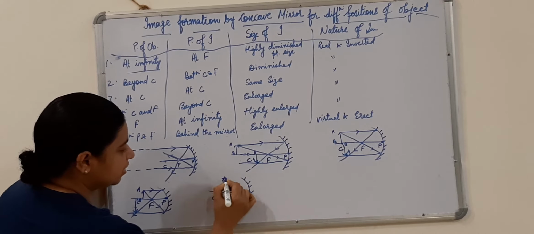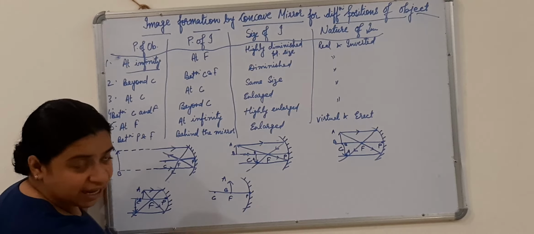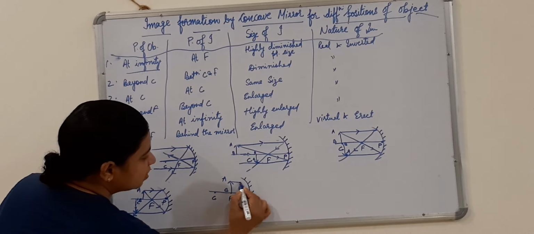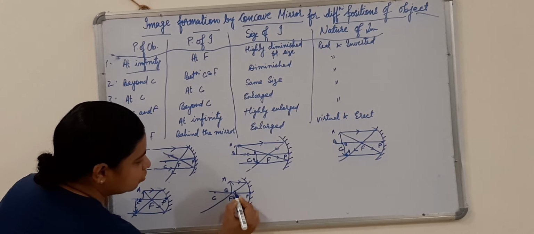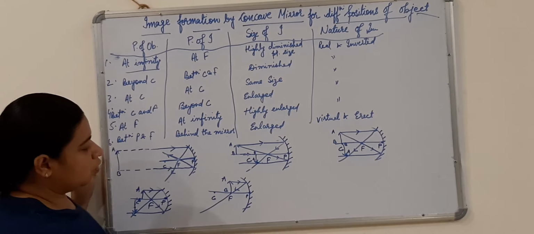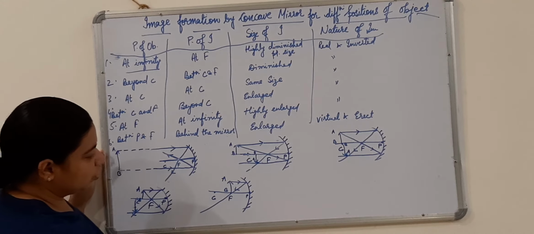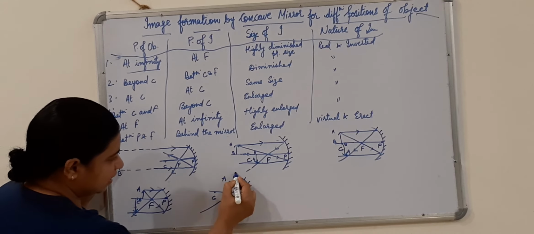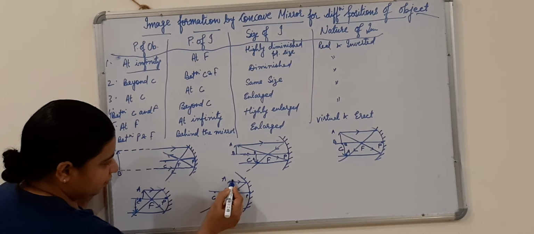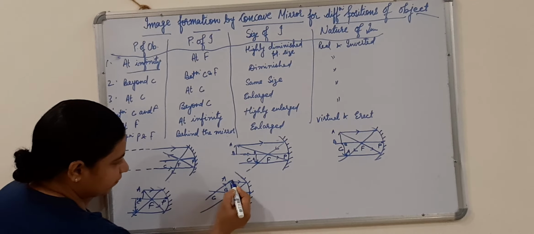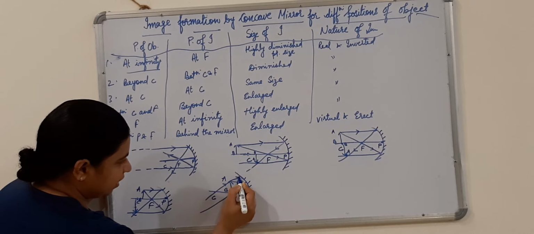This is my object AB at position F. Same as before, I will use a ray parallel to the principal axis, which after reflection will pass through the focus. Another ray which I am going to use here is any ray of light passing through the center of curvature after hitting the mirror.